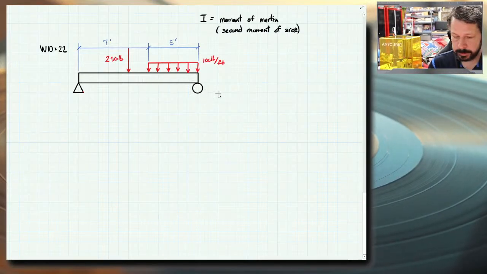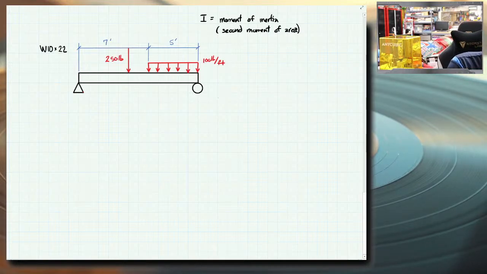All right. So the first thing that I need to do is get rid of the pin and roller. I need a free body diagram because I need to know the reactions that the pin and the roller are imparting on our beam. So let's delete those and replace them.